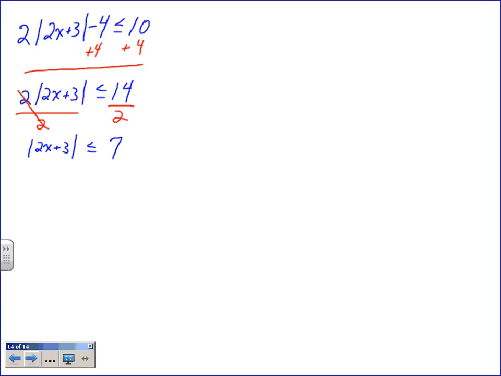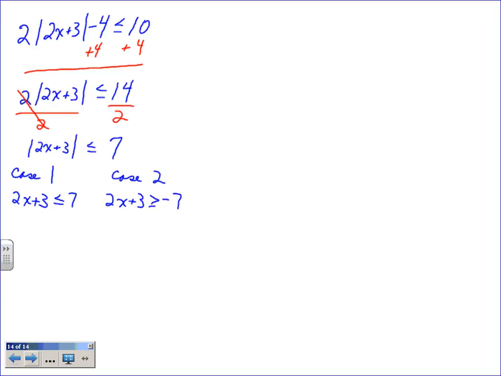Now I can go to case 1 and case 2. Case 1, what's inside is less than or equal to 7. In case 2, what's inside is greater than or equal to negative 7.